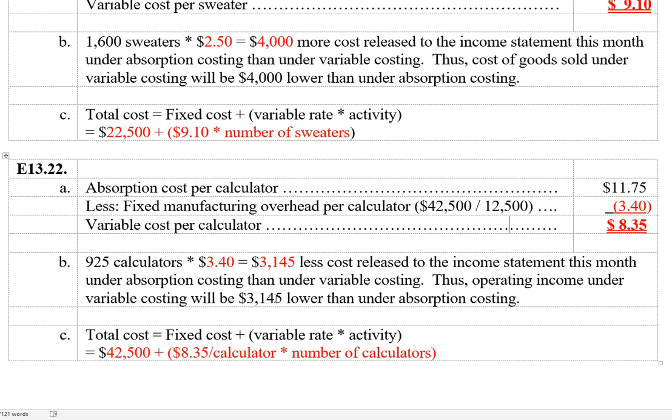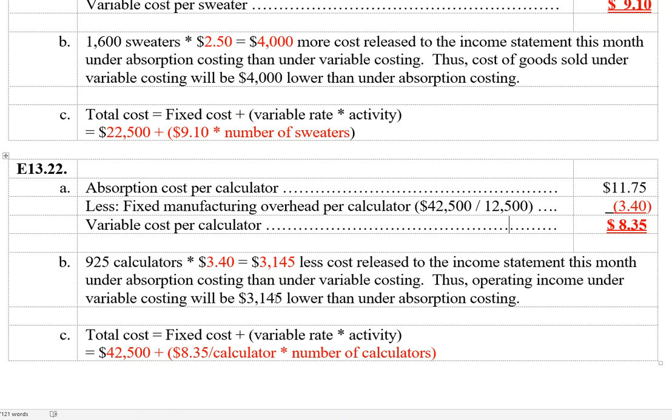If a certain industry uses variable costing, then all industry financial statements should use variable costing. It just depends on the industry. So that's what changes here, guys.